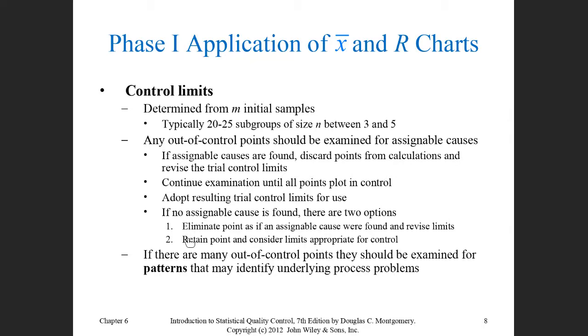Or leave the process since it is stable and there is no out of control. Those are very important. You have to know them when you deal with the X bar R chart.